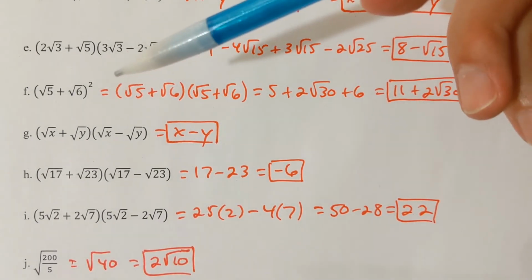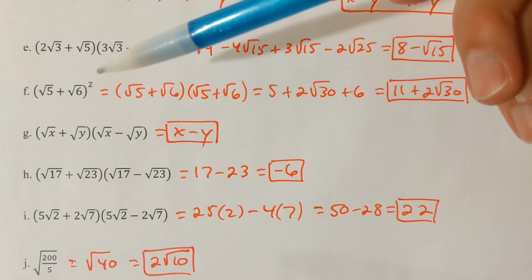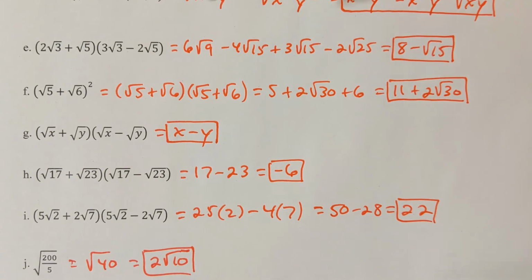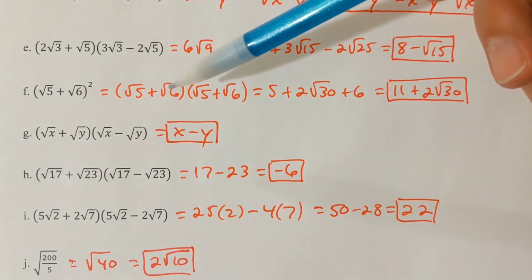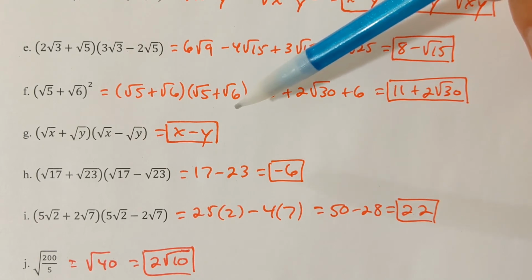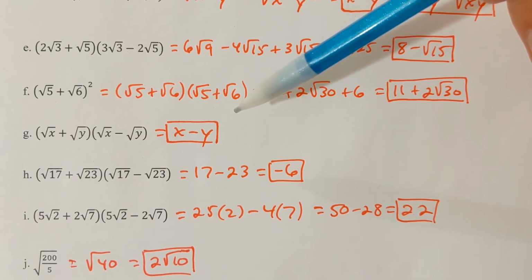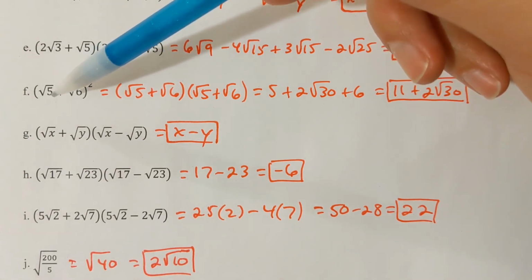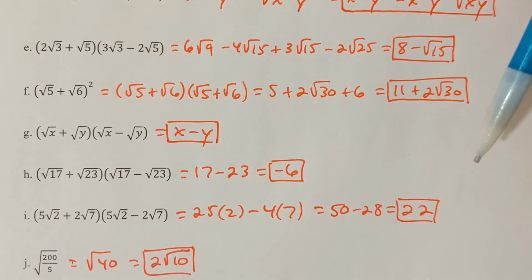Okay, part F. This would be another FOIL it out, right? The square root of 5 plus the square root of 6 squared means I've got the square root of 5 plus the square root of 6 times another square root of 5 plus the square root of 6. Don't make the mistake that some students would, and they'd want to bring in that power of 2, and they'd say 5 plus 6 is 11.